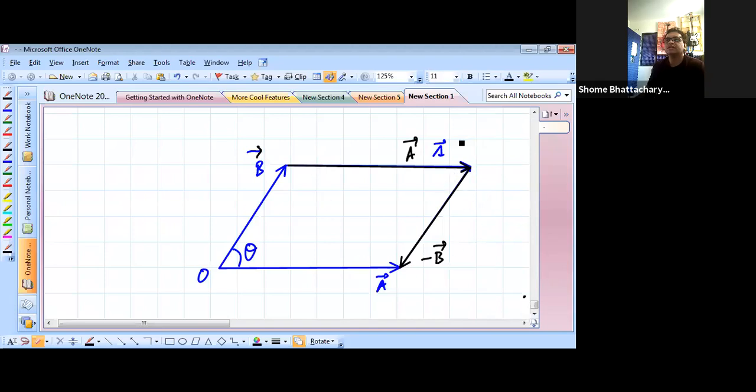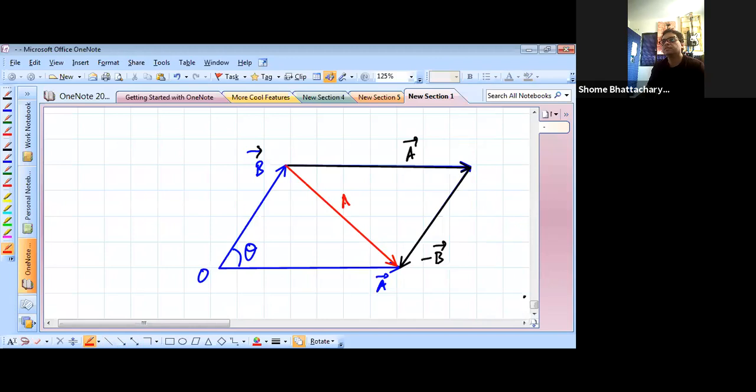So the resultant of A and minus B is basically the difference. No? So this is becoming the difference.